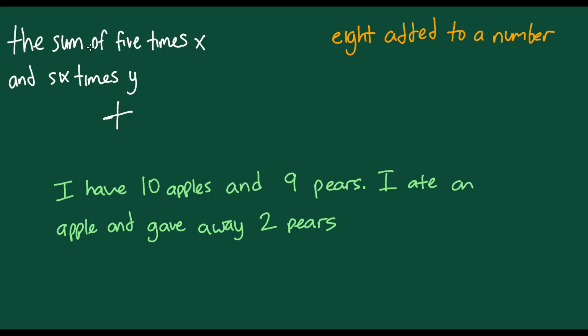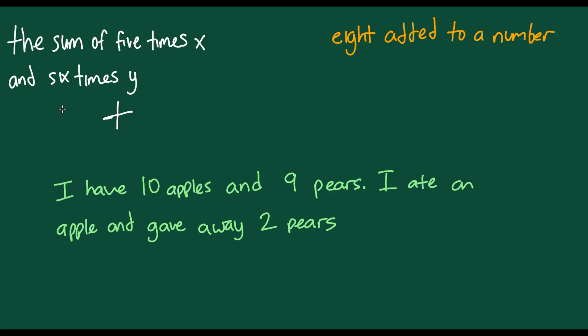Now, what 2 things are we adding? Because if it's sum, you're going to be adding a plus b, something plus something. The sum of 5 times x, so here's our first part right there, 5 times x, and 6 times y. So let's just take this part here, 5 times x. Well, how do we represent that in math?